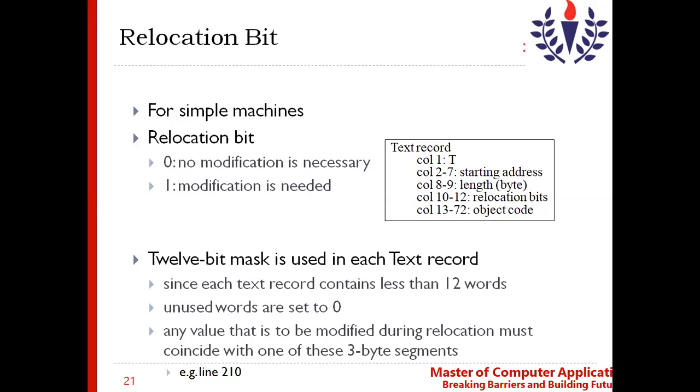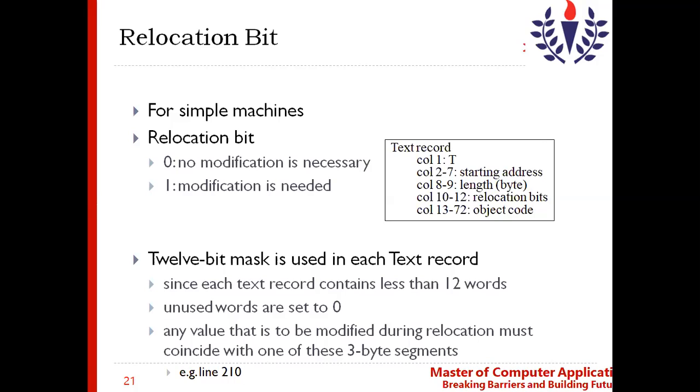And it is not that all the 12 object codes we are going to keep in a single text record. Sometimes a single text record can have 10 words, sometimes 12 words or 8 words. It depends. So it is not that all 12 object codes can be there in the single text record.